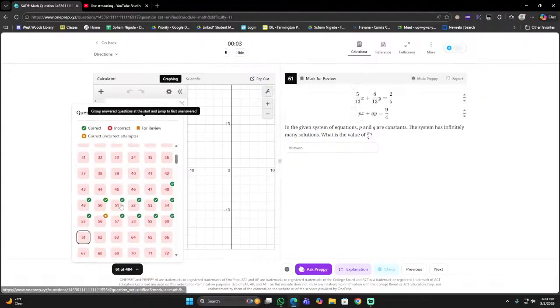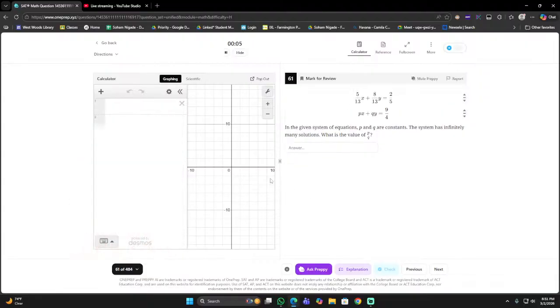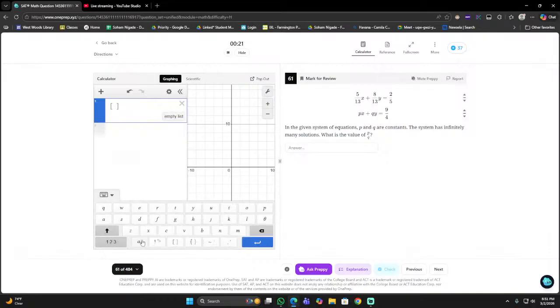Okay, we have this question now. I don't even know what this means. P and Q constants, infinite many solutions. Okay, so we do this again. List regression format.